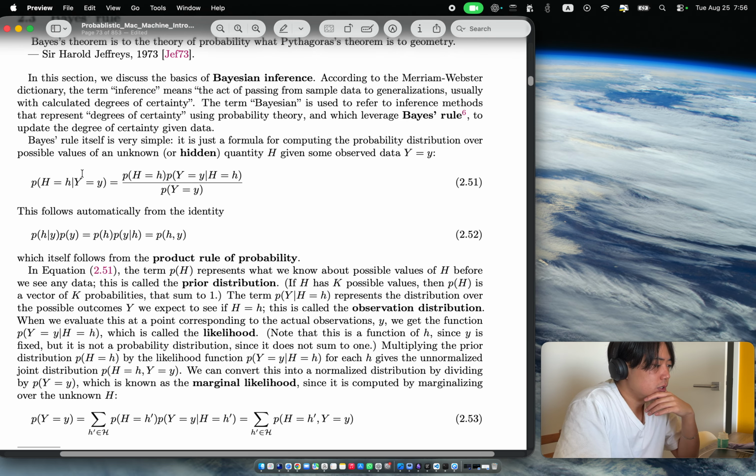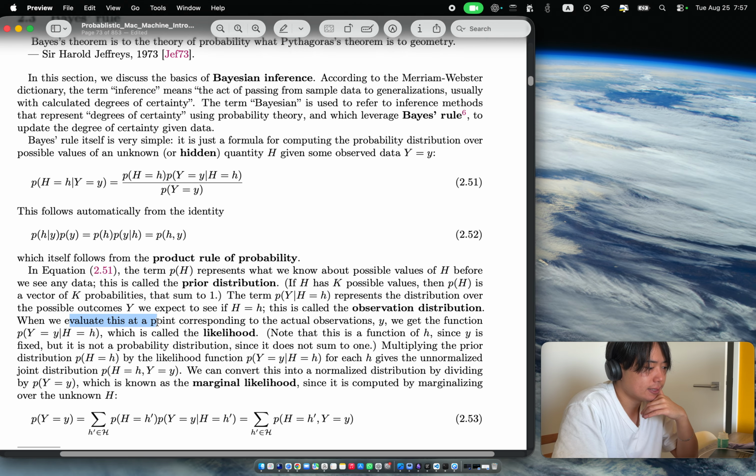As we don't quite know about this hidden quantity H, the probability of H represents what we know about the possible values of H before any data. So in a natural way we call it the prior distribution. The term probability of Y given H represents the distribution over the possible outcomes Y we expect to see if H, and this is called the observation distribution.